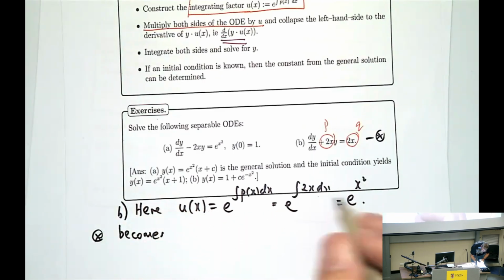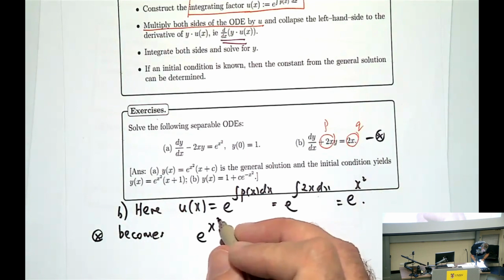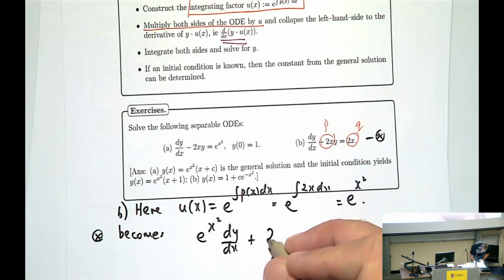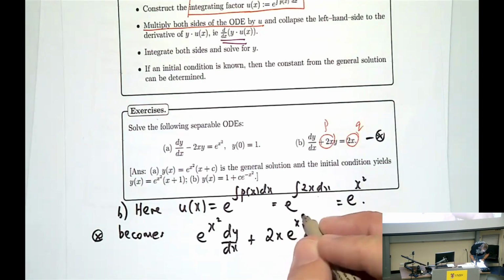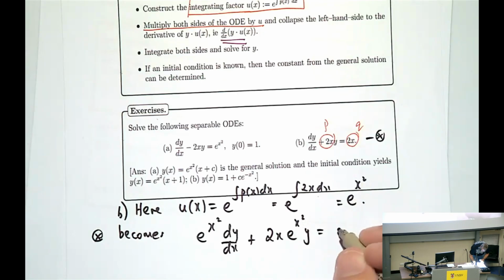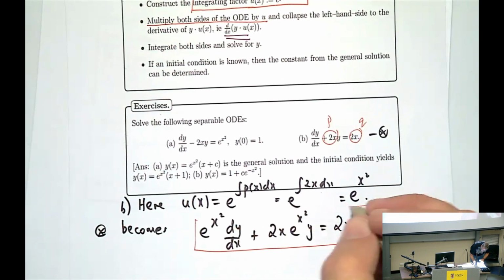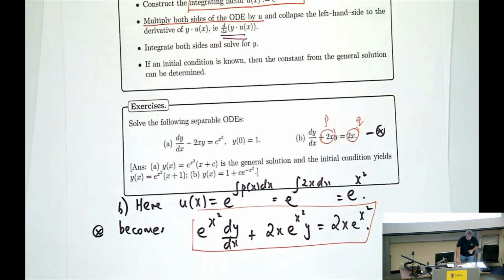So e to the x squared times dy/dx plus 2x e to the x squared times y equals 2x e to the x squared. So I'm a little confused now. It looks like we've made this more difficult. We've made it more difficult, haven't we?